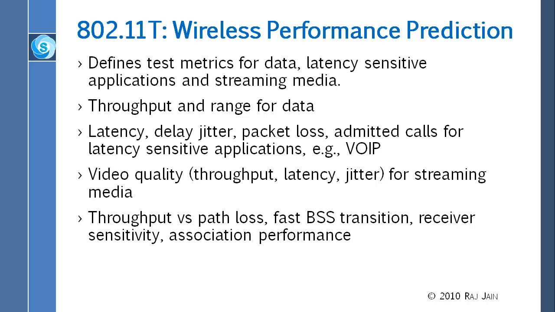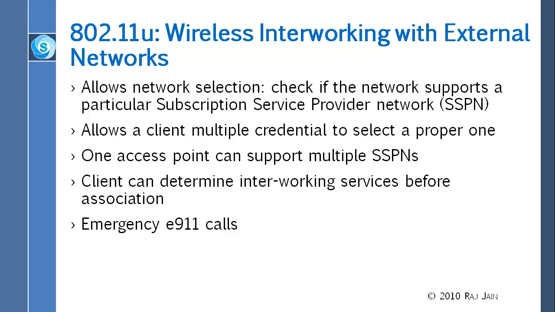All right. 11t. Now we have 11u. And u is little. So this is interworking with external networks. So basically, what happens is you might have an access point, say for example at the airport, and it might supply services with AT&T, Verizon, same access point.